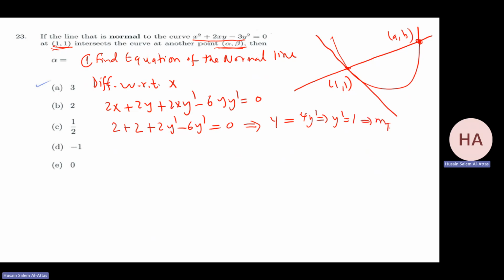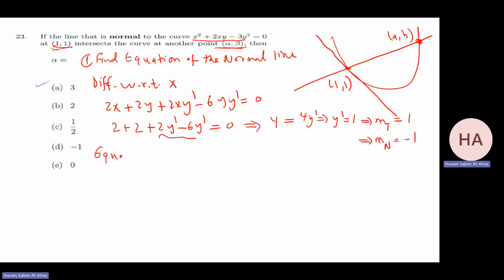And y prime is equal to 1. The slope of the tangent is equal to 1, and the slope of the normal is equal to minus 1. Correct? So this is the slope of the tangent, and this is the slope of the normal.